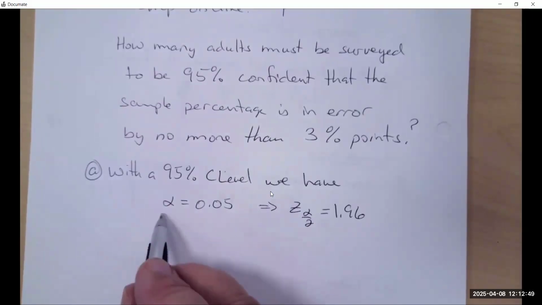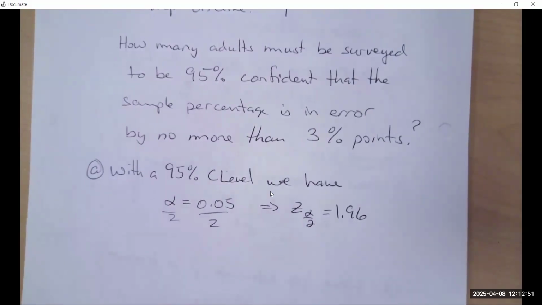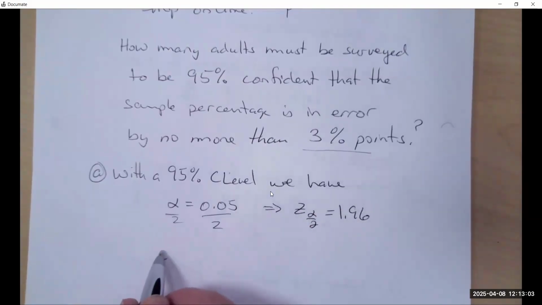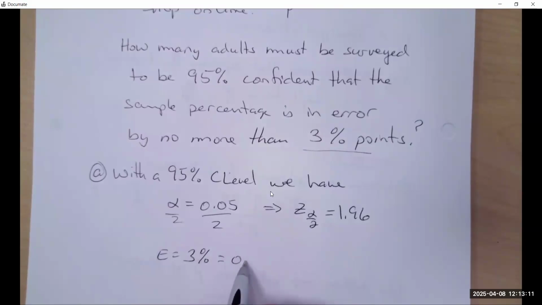So we take this divided by 2, look for 0.025 in the chart. We want error to be no more than 3 points, so we know the error is 3 percentage points, which is 0.03. That's given.